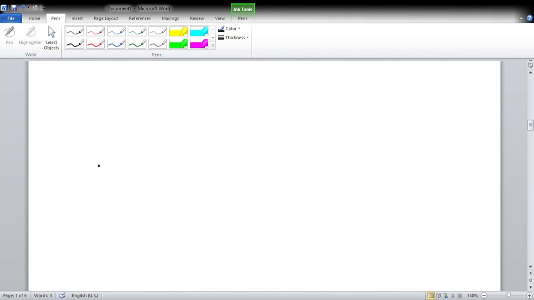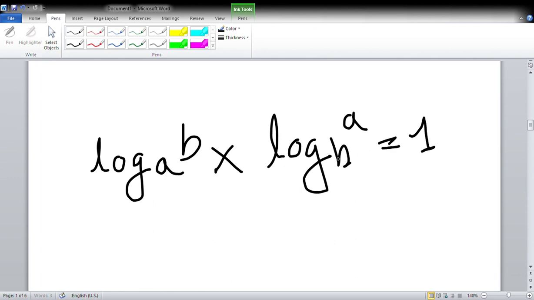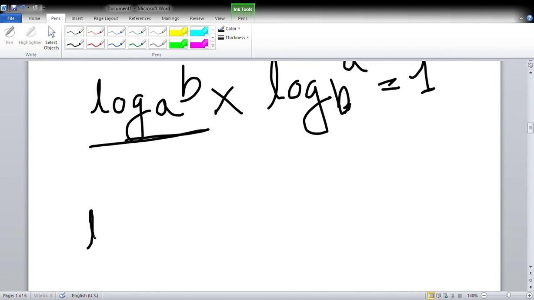Now my next problem is that if it is given log b with the base a multiplied by log a with the base b is equal to 1, right? So suppose you take this number: log b with the base a. Suppose you have to change the base of this from a to b.